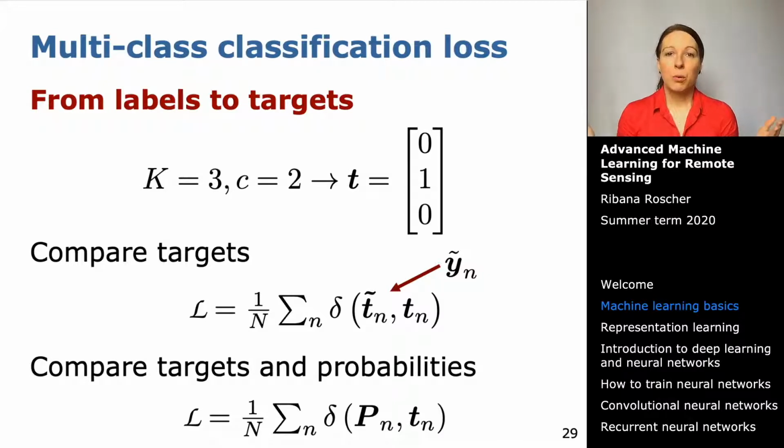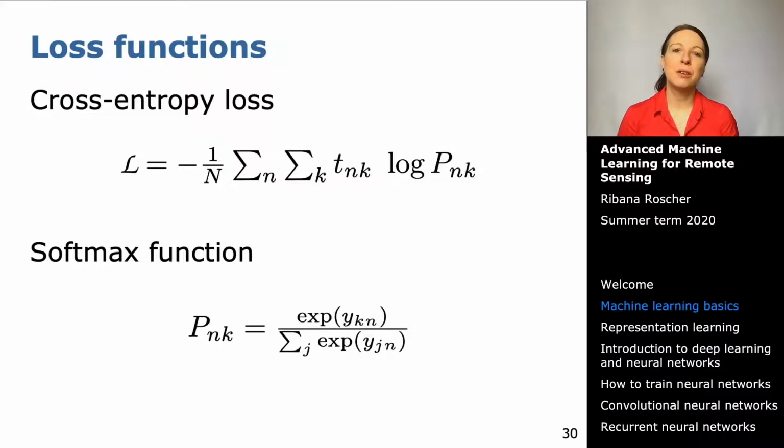However, what mostly happens is that your estimation is not only a unique label, but more a score vector which contains the scores or the confidence of the classifier. A commonly used loss function is the cross-entropy loss. It contains the targets and the probabilities p. The probabilities have the characteristic that they are always between 0 and 1 and that they sum up to 1.